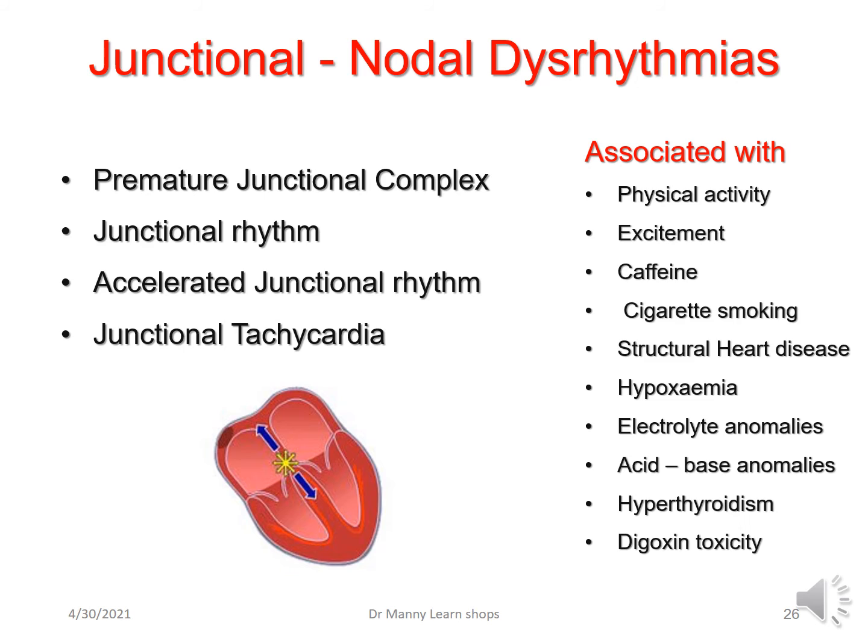Junctional rhythms, accelerated junctional rhythms, and junctional tachycardia are typically related to structural heart disease, hypoxemia, or electrolyte abnormalities such as hyper or hypokalemia, acid-base anomalies, metabolic acidosis, hypothyroidism related to thyroid disease, and medication toxicity, which could include digoxin.